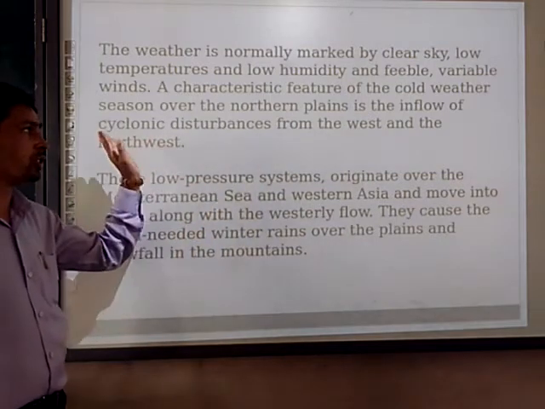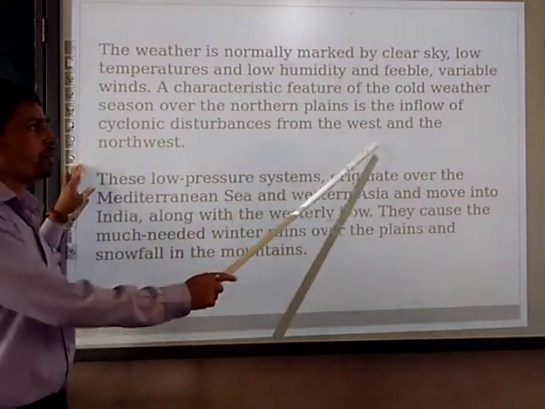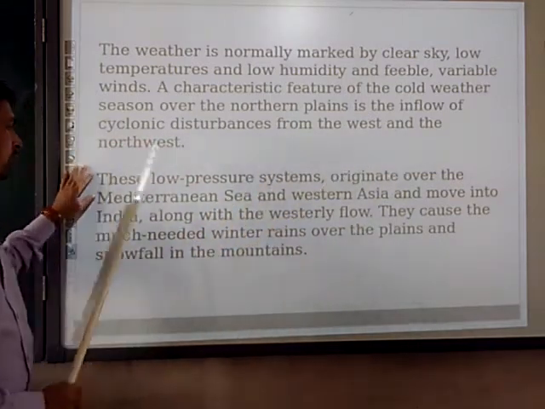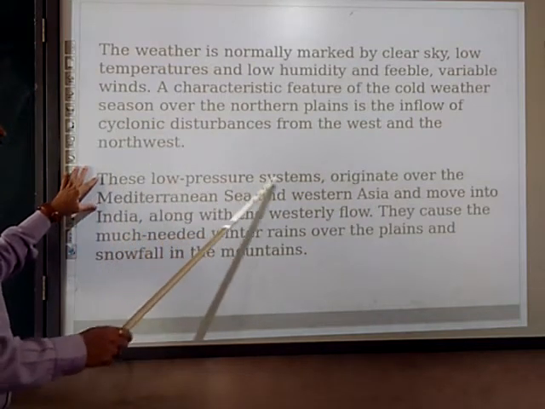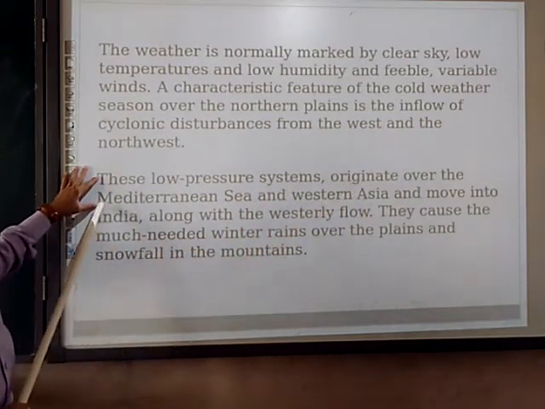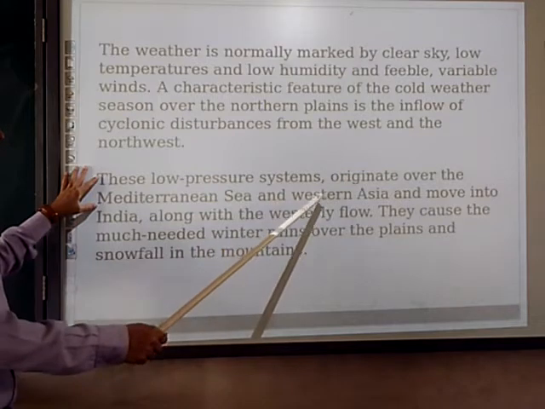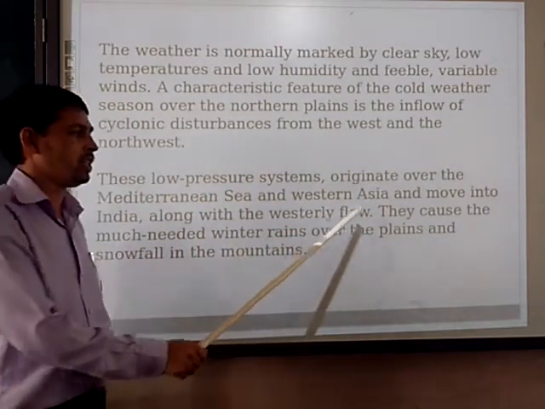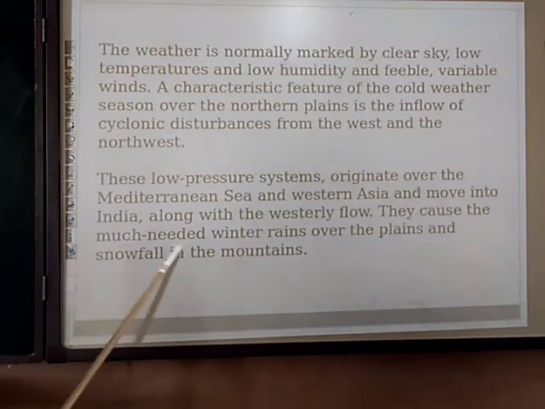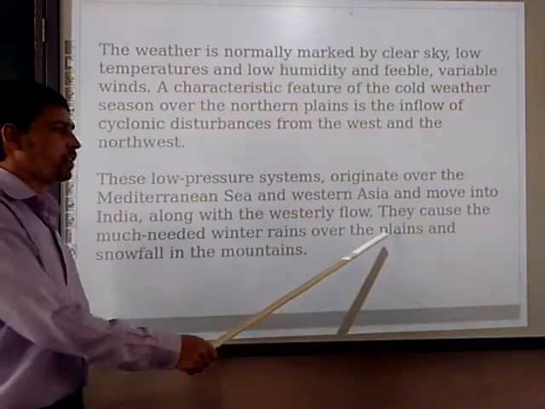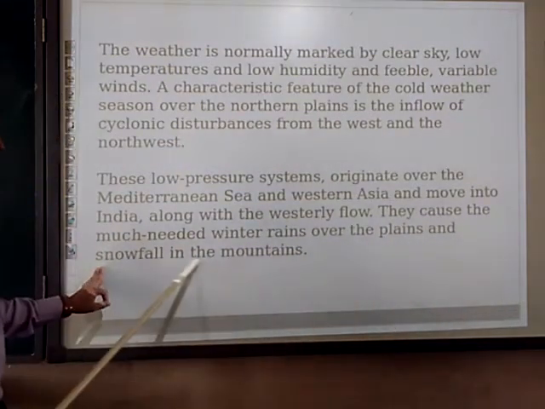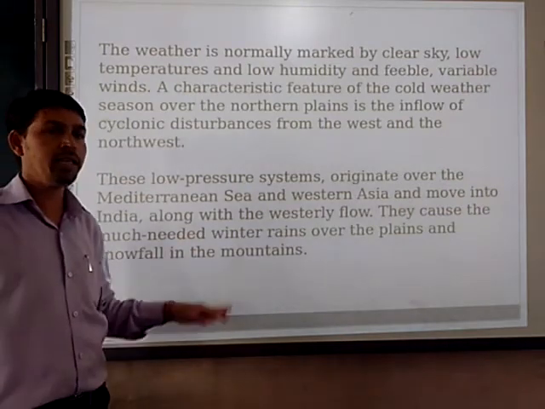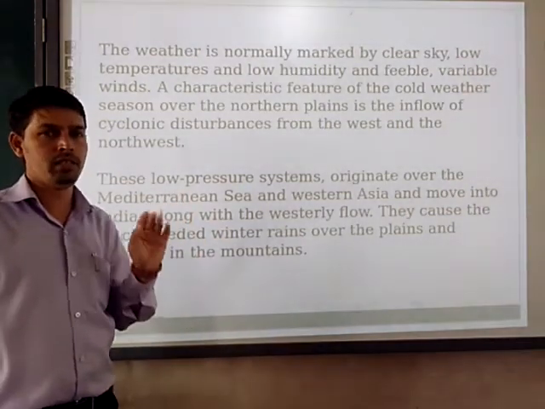That's why the cyclones occur from the west and the northwest. These low pressure systems originate over the Mediterranean Sea and Western Asia and move into India. Along with this western inflow, they cause the much needed winter rain over the plains and snowfall in the mountains in winter season.